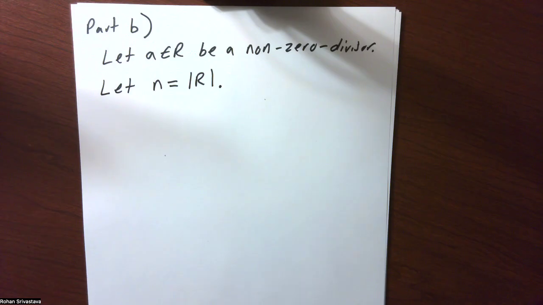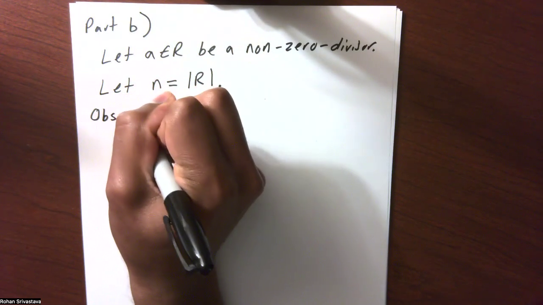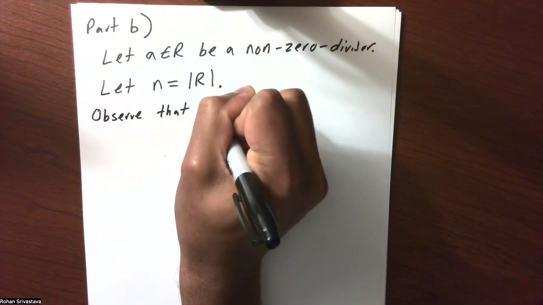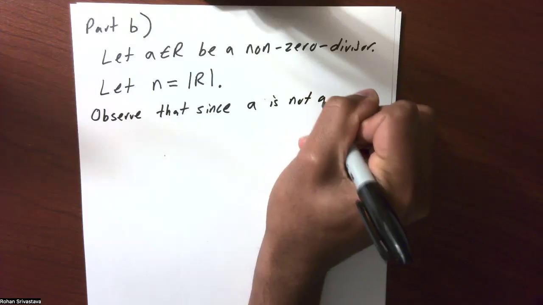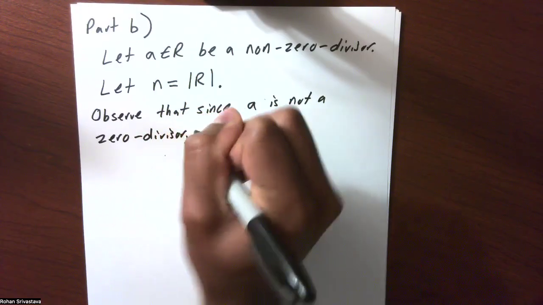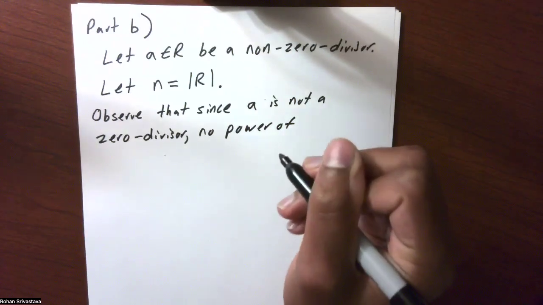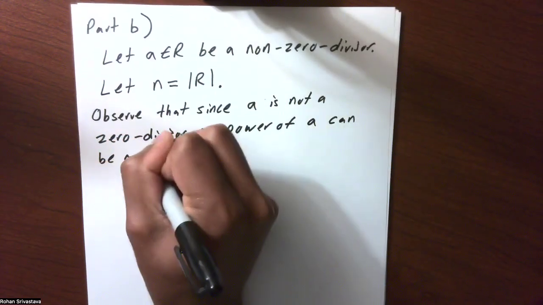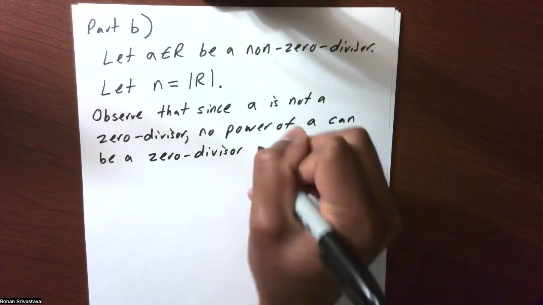And now we need to make an observation. Observe that since A is not a zero divisor, no power of A can be a zero divisor either.